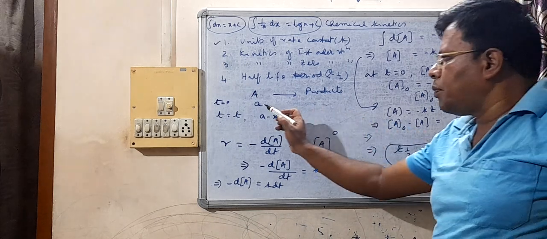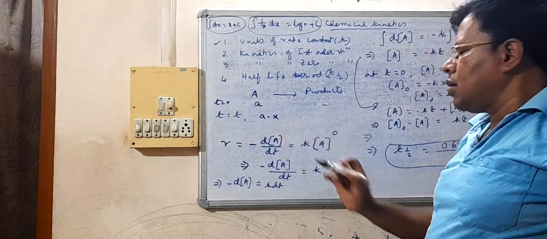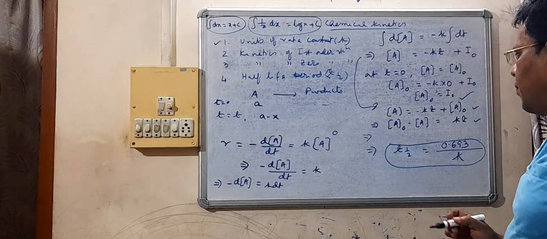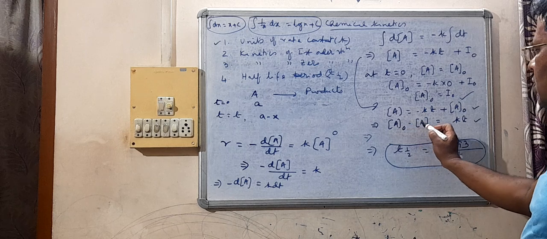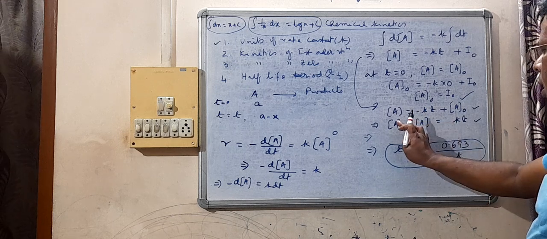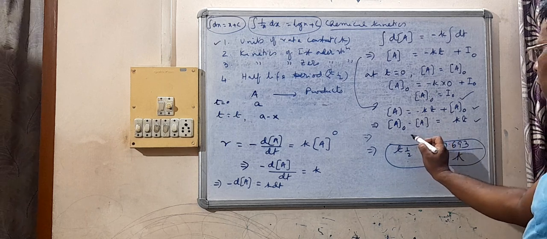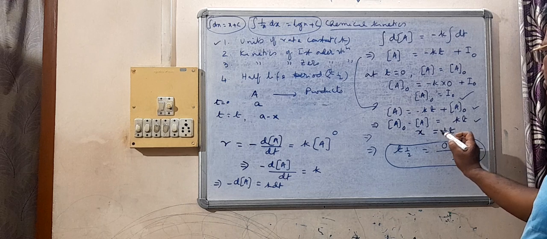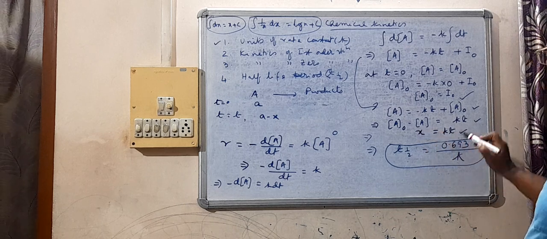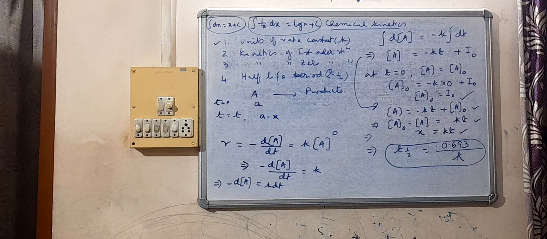If we represent the initial concentration by A, and X is the amount reacted, then A minus A minus X becomes X. So X is equal to KT. It is also another form of kinetics of zero order reaction.